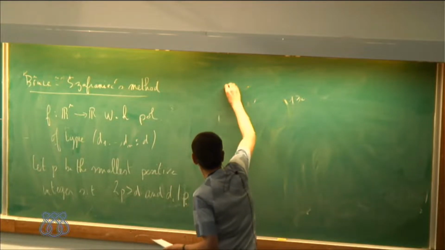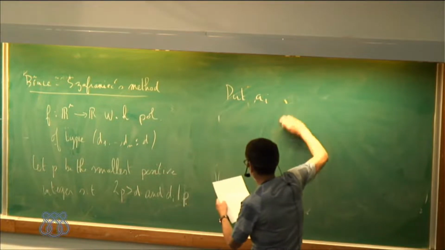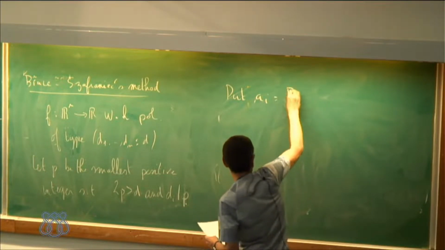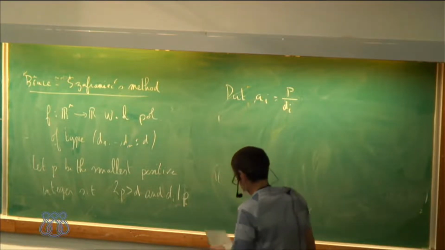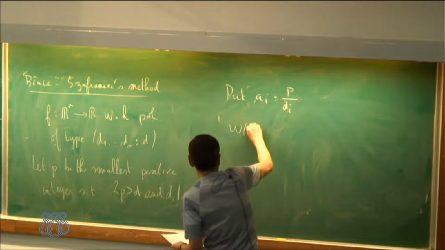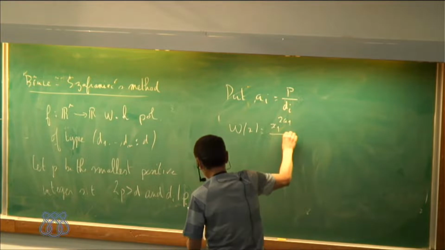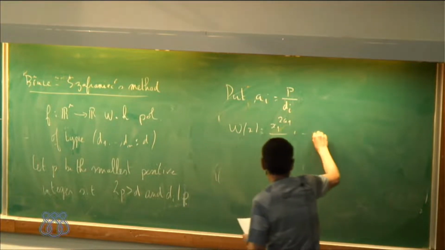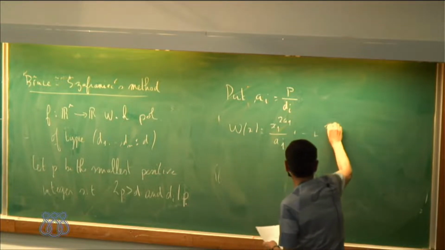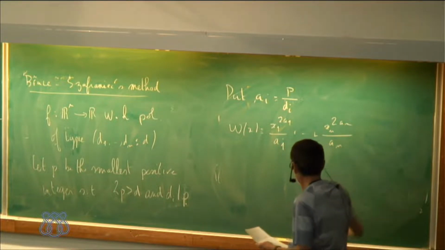Then I put ai equal to P divided by di, and then I define omega by x1 to the 2a1 divided by a1, etc., xn to the 2an divided by an.